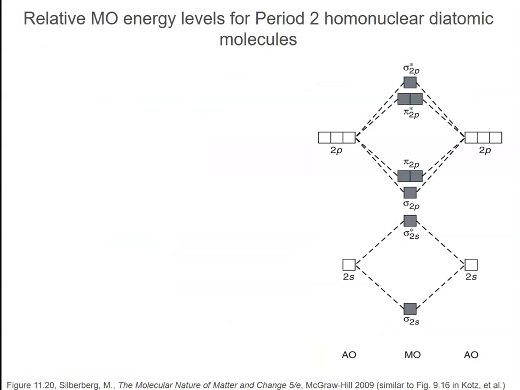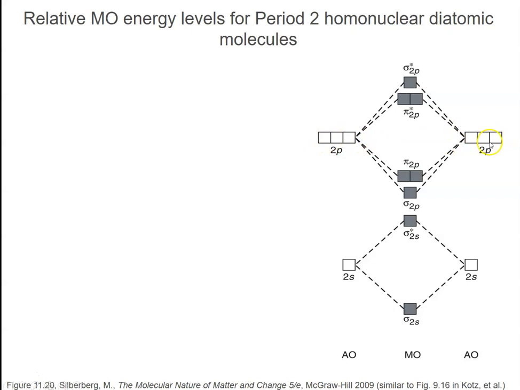Well, what that means is that we can have a diagram that looks like this. Here are our atomic orbitals, and we mix to form the molecular orbitals. So here's a sigma 2s and the sigma star 2s. We have 2 atomic orbitals shown in white, and then the 2 molecular orbitals that they form shown in gray. Here for the 2p, we have 6 atomic orbitals.